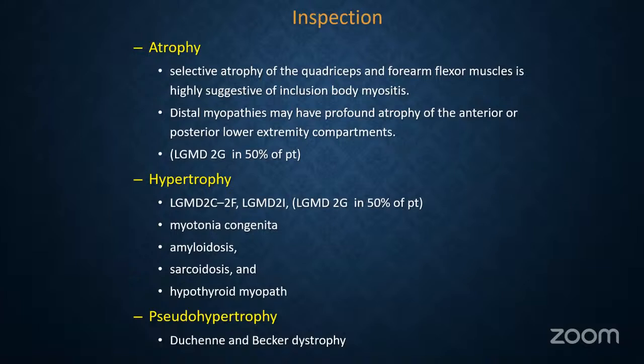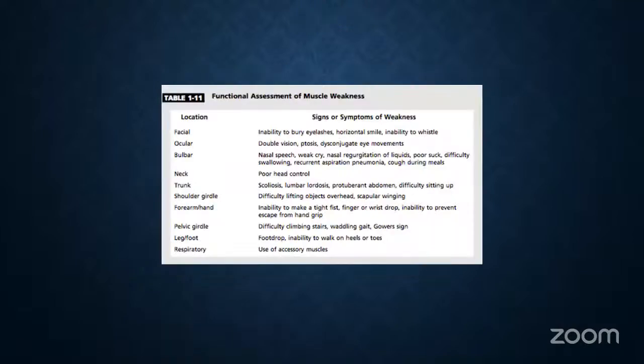Calf hypertrophy can be seen in myotonia congenita, and hypertrophy of other muscles can also be seen in myotonia congenita. Amyloidosis may present with hypertrophy. Sarcoid and hypothyroid myopathy can present with pseudohypertrophy. DMD and BMD may also present with pseudohypertrophy. So these are the history points for functional assessment of muscle weakness.